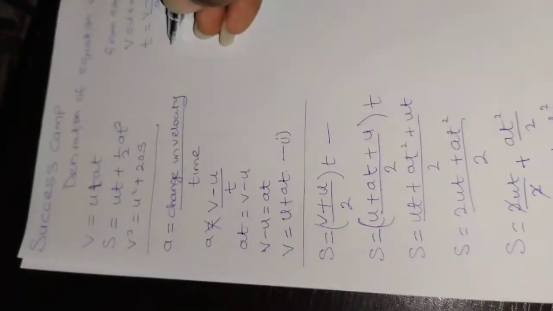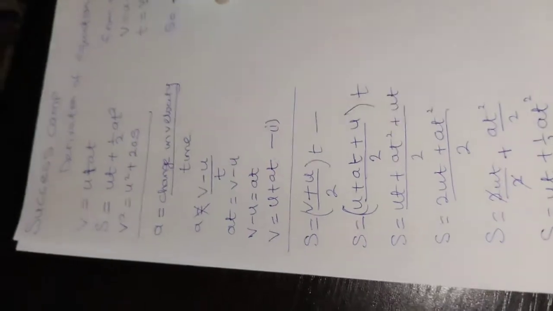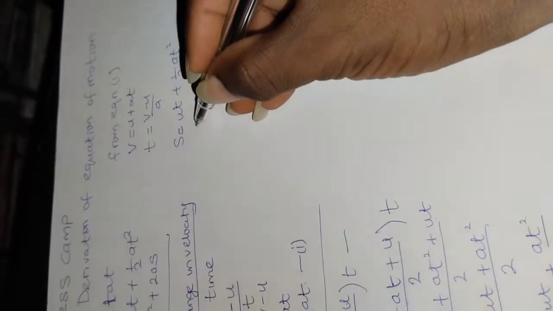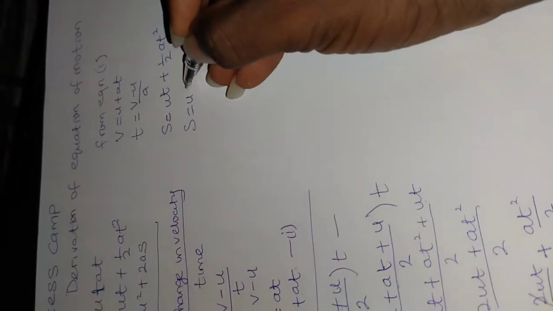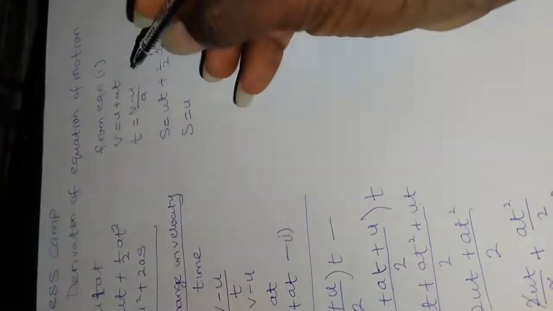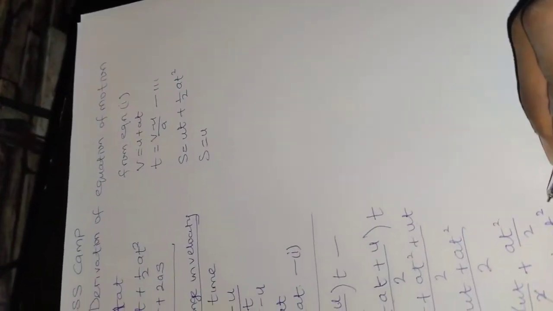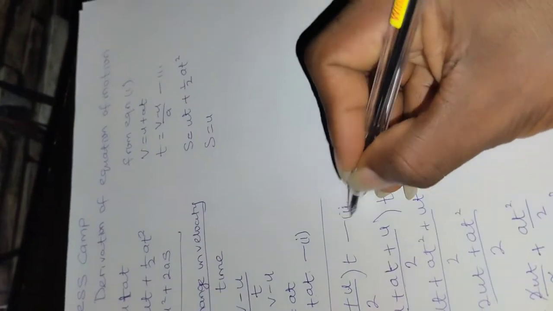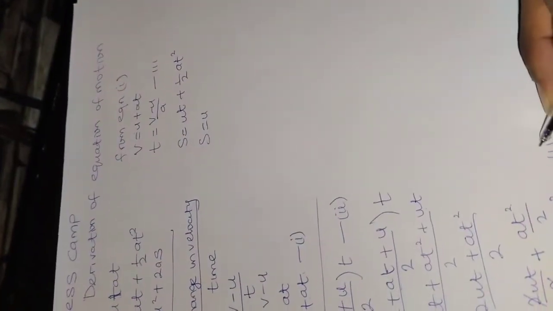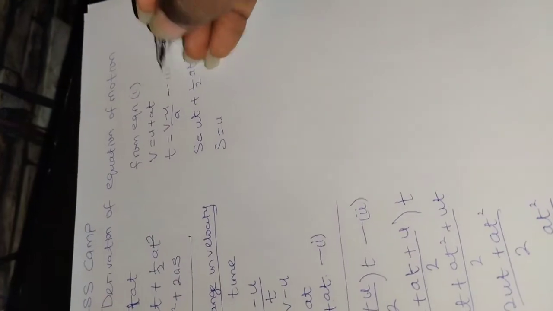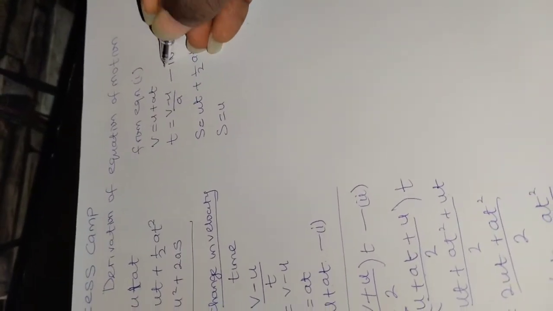So coming back here, we have s equals ut plus half at squared. Now, what is t according to what I found? This is another equation. That becomes my second one, and this is my third one, so this simply becomes my equation 4.